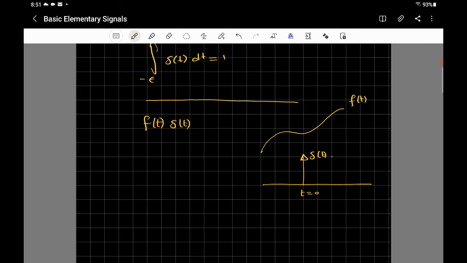So if you multiply this delta t by the function, you will get the value here. What is the value here of this function? It's corresponding at t equals 0. So the value of this function is equal to f of 0. And f of 0, you will write it equal to f of 0 delta t. So you multiply delta t by the function, so you'll get this value.